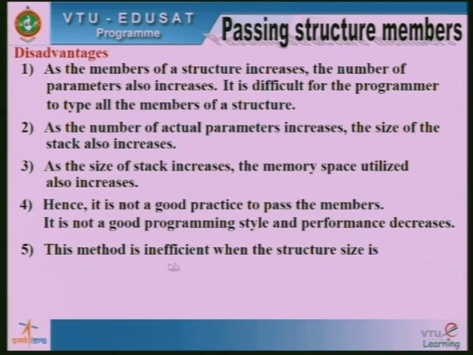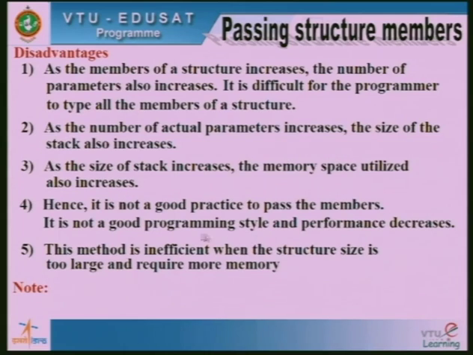This method is inefficient when the structure size is too large and requires more memory. That is the reason I said, this method is inefficient when the structure size is too large. In the previous case, is this structure too large? We have only two fields. That is the reason we could pass a.n and b.n as arguments to the multiply function.